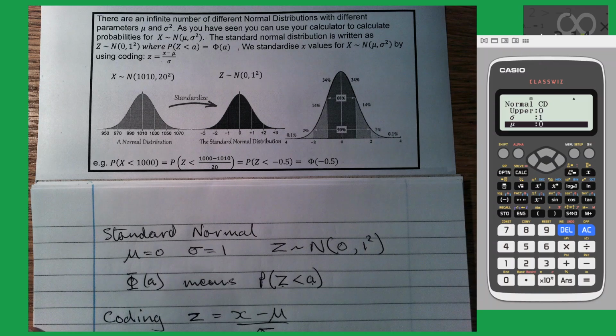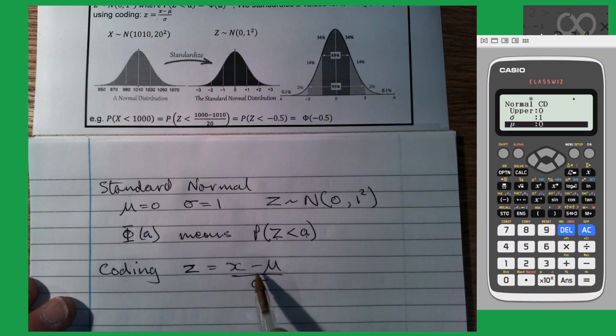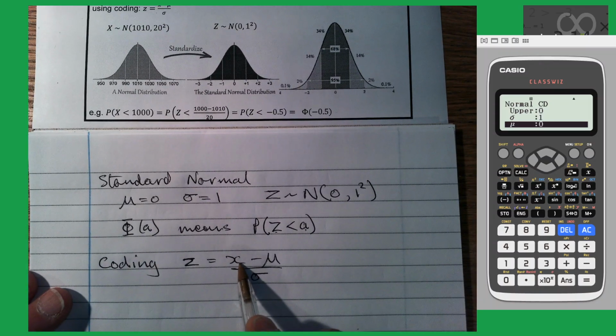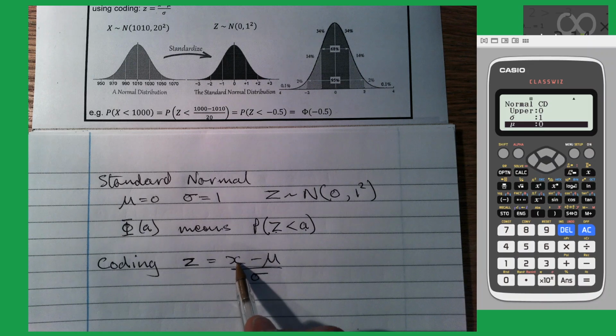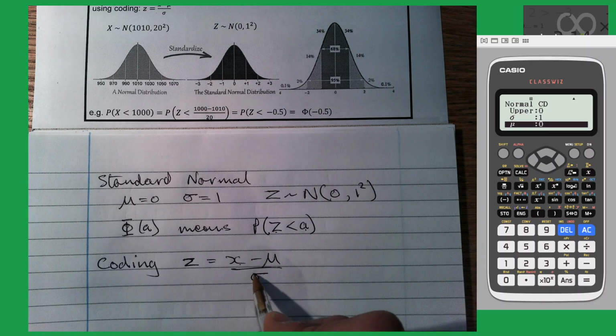The x minus mu means that we're subtracting the mean from every element of our distribution, so we end up with a mean of 0, and then we're also stretching it by dividing everything by sigma.